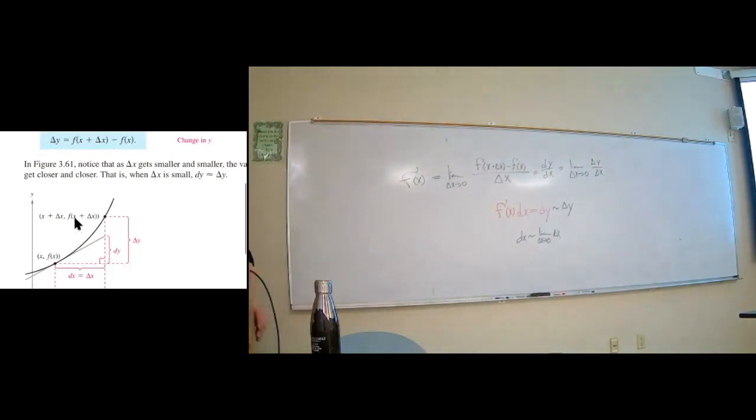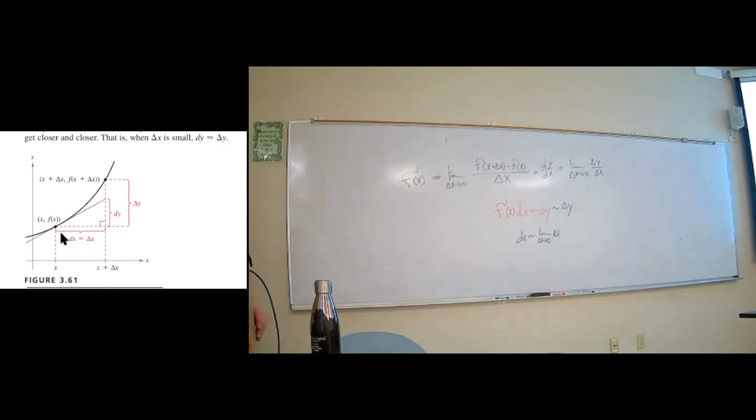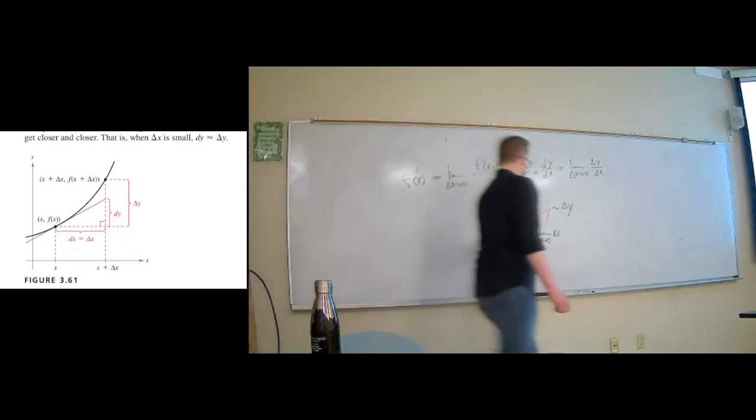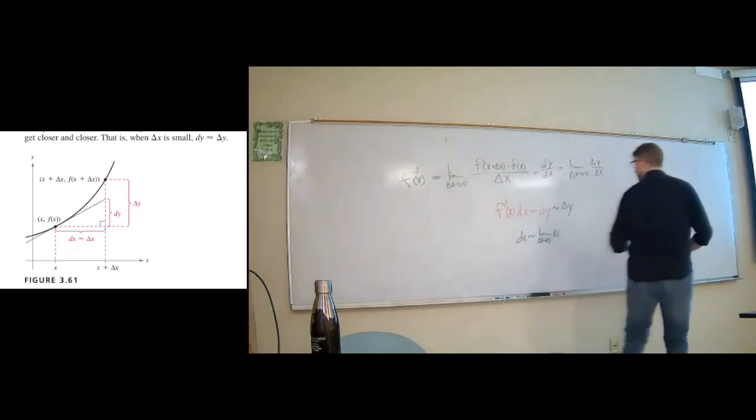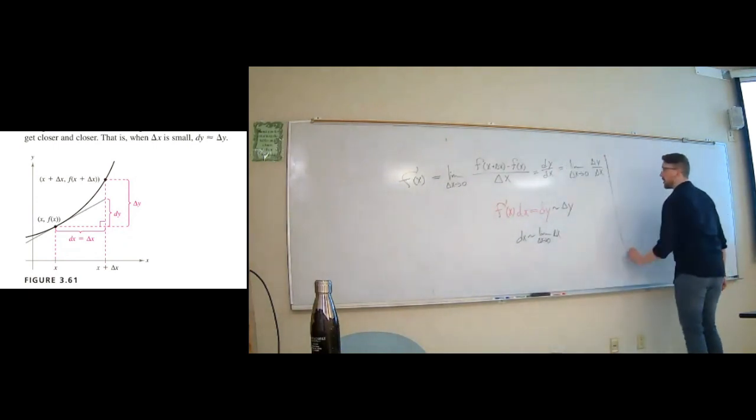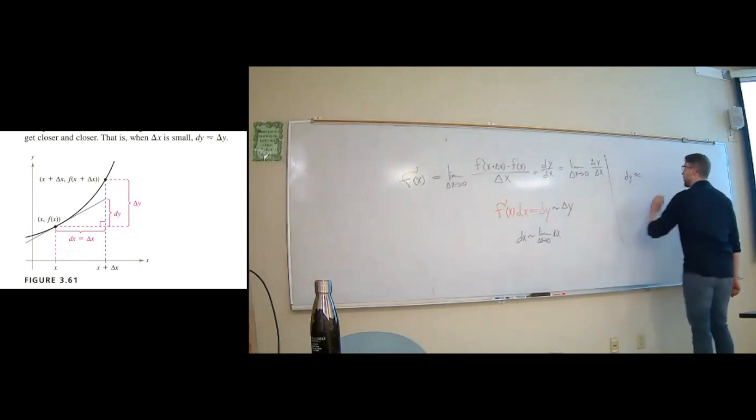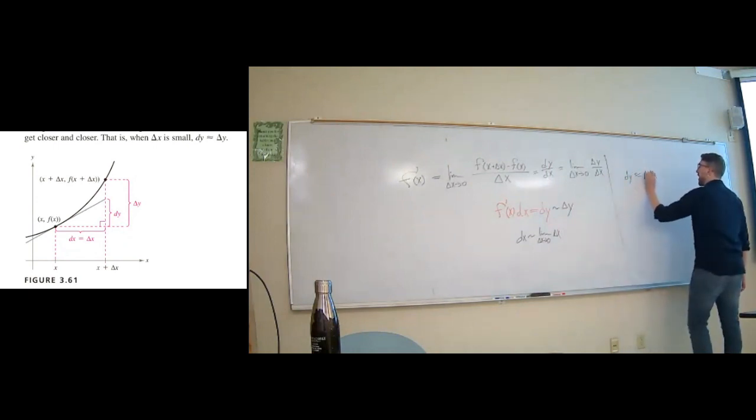What this idea of the differential is telling us is that for good approximations of changes in y, it is enough to say, so if you want to approximate delta y, this is close to delta x times f prime of x.